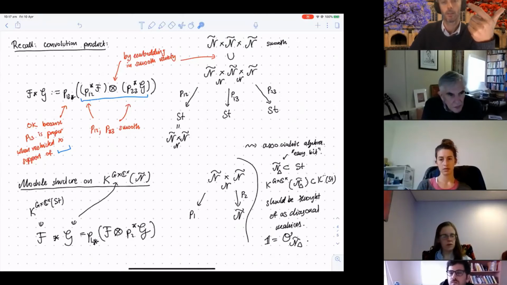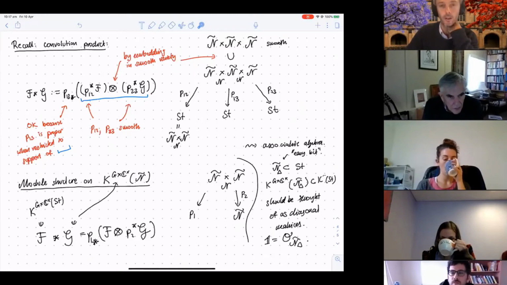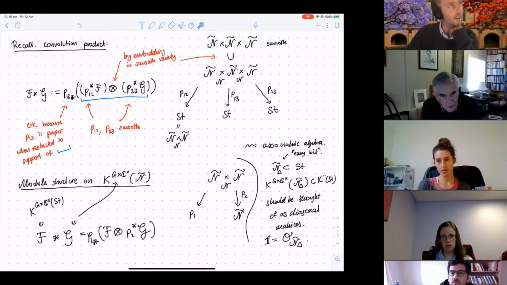I guess I was just wondering, if you take specifically F and G to be the structure sheaf, then the pullbacks would still be the structure sheaves. Mm-hmm. And the intersection is not everything. The intersection is everything. So yes, this has to be proper on that.